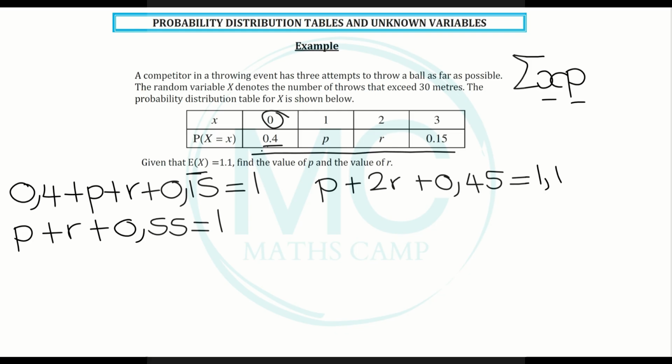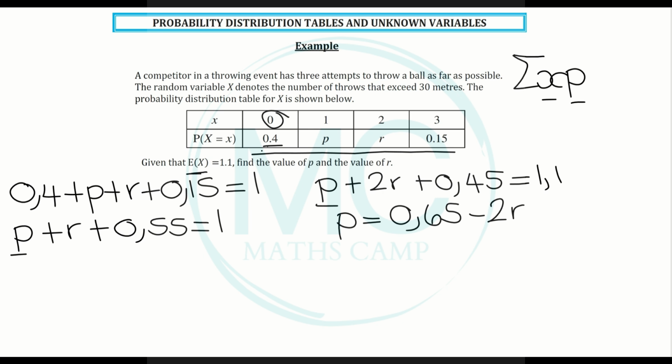Now in both equations, p is without a coefficient. So let's make p the subject in both. Let's leave p where it is, equal to 1,1 minus 0,45, which gives me 0,65. Move 2r and I get minus 2r.